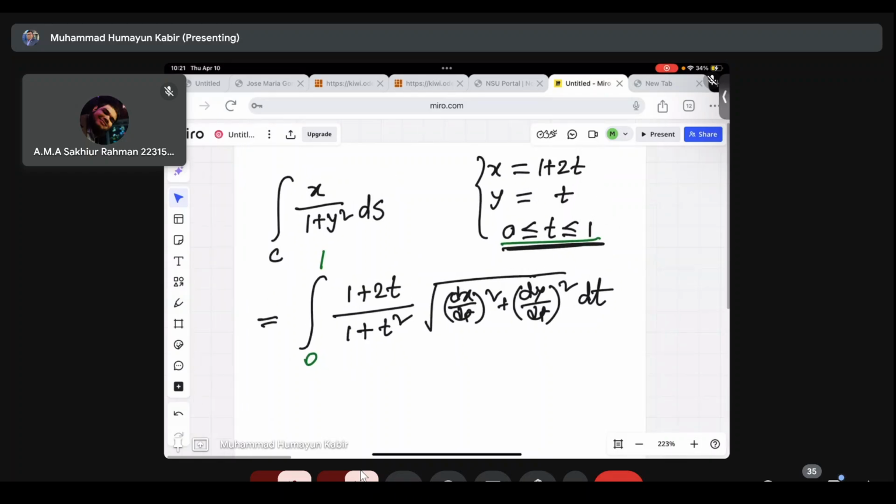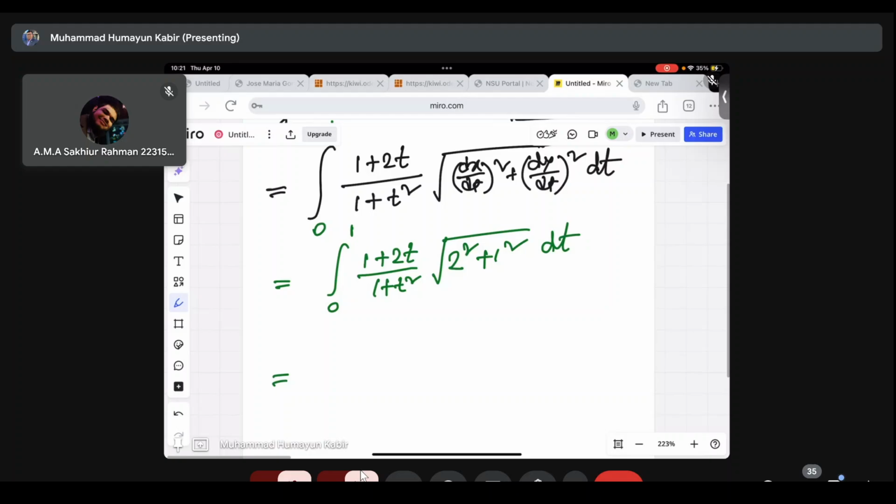Okay, so now tell me, what is dx/dt? 2, yes, 2 square. And what is dy/dt? 1. And finally, what do we have? 2 square, 4, plus 1, 5. So square root of 5, it is a constant. We can take it out.